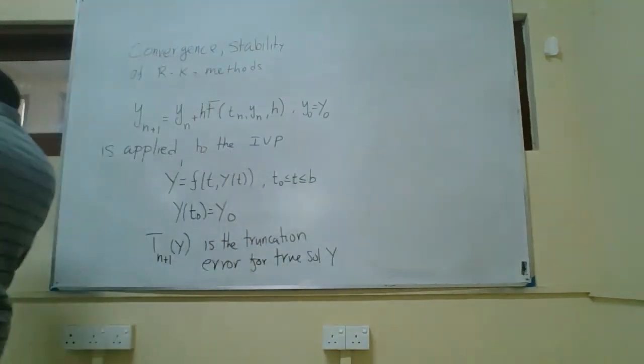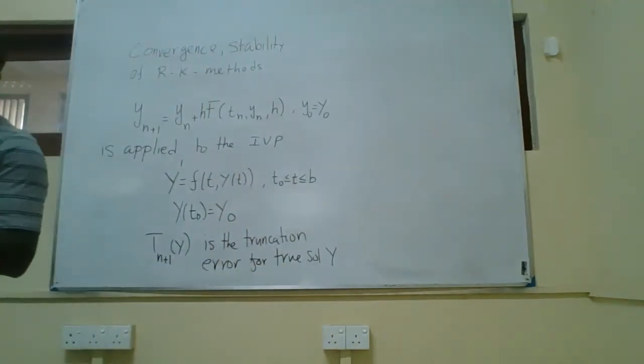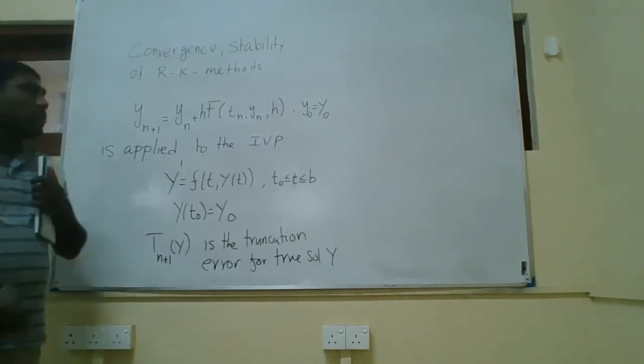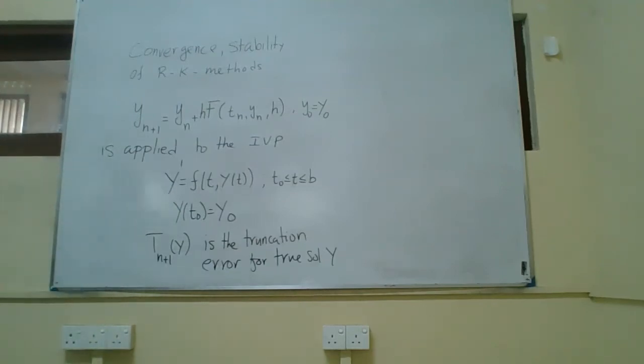So notice that we also defined earlier the truncation error for the true solution. We define it as T_{n+1}(Y), right? So you know the formula and you know it is of some order. For a second order method, we see that it is of order 3. So depending on the order, the truncation error is of order h to the power of a certain value.